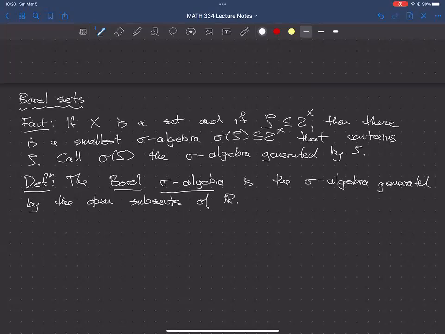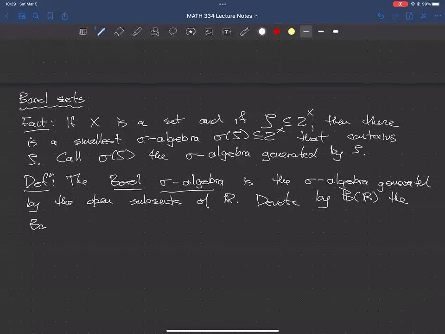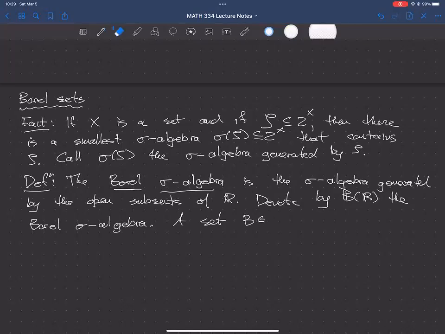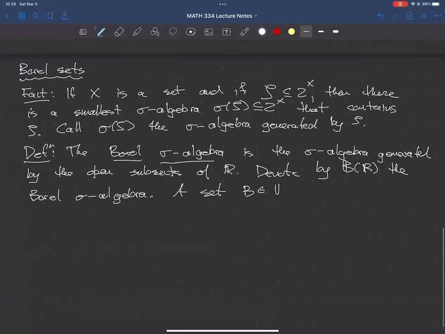We denote the Borel sigma algebra by B of R, a script B, oops, it's a bad looking script B. A set B from the Borel sigma algebra is called a Borel set.